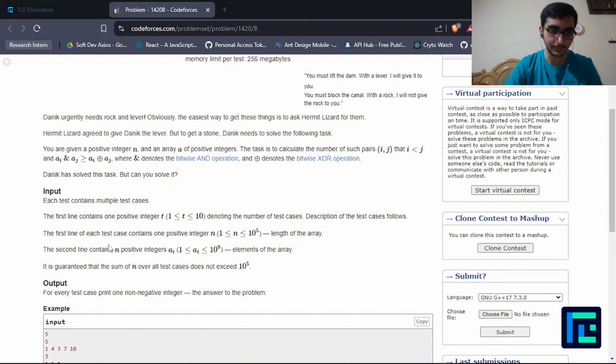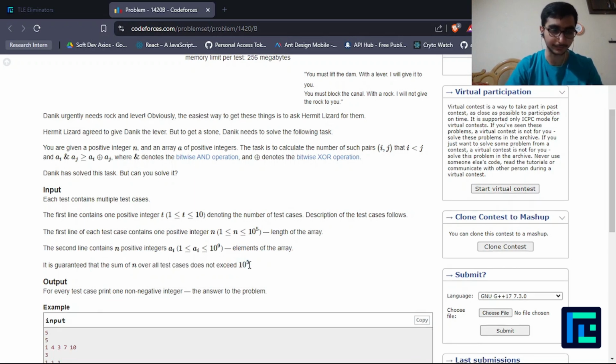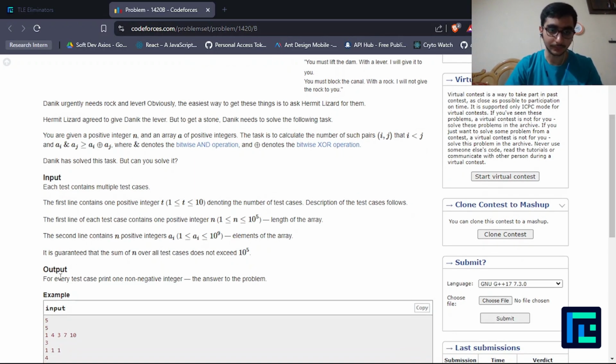The second line of each test case contains n positive integers ai, where each ai can go from 1 to 10^9, and these represent the elements of the array. It is guaranteed that the sum of n over all test cases does not exceed 10^5. You have to output for every test case a single non-negative integer denoting the answer to the problem.